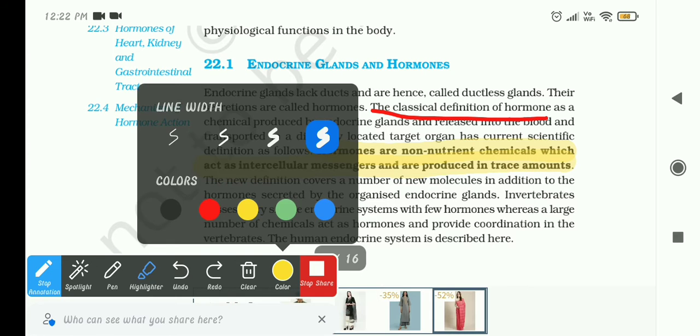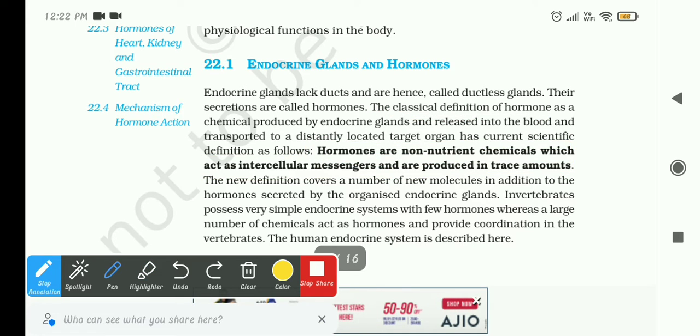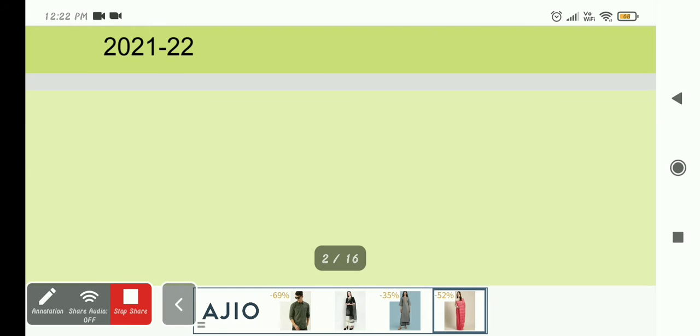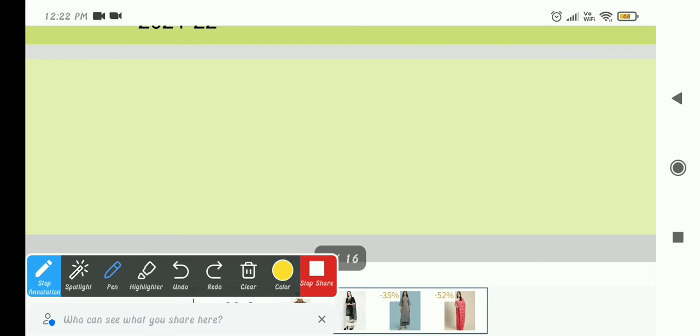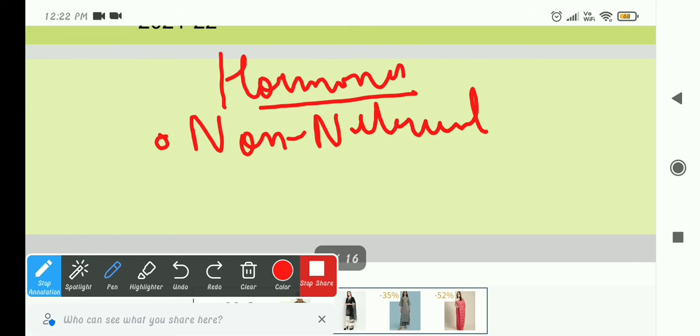What are hormones? In this definition you need to learn only three points. Hormones are non-nutrient chemicals.